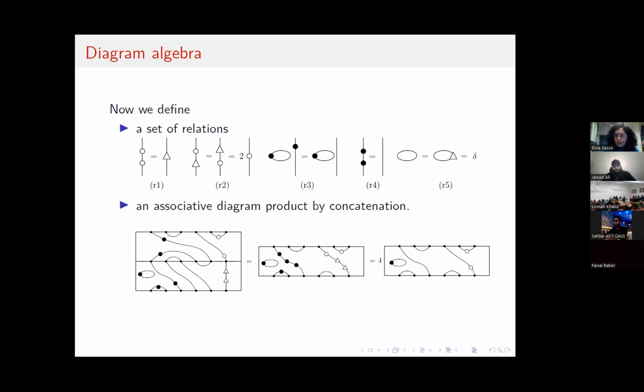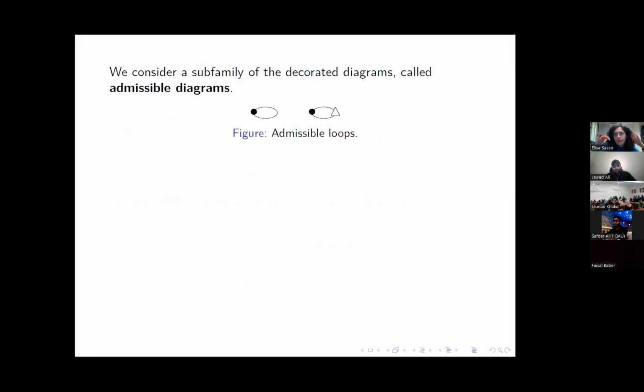So we now have these irreducible diagrams. We consider a subset of them, called the set of admissible diagrams. For example, the loops that are allowed in the admissible diagrams are only these 2 that you can see in the pictures. They have some restrictions, but not so many.